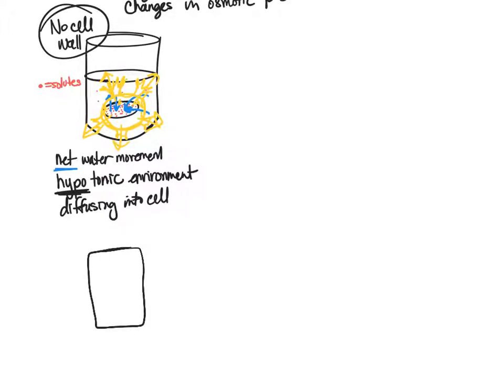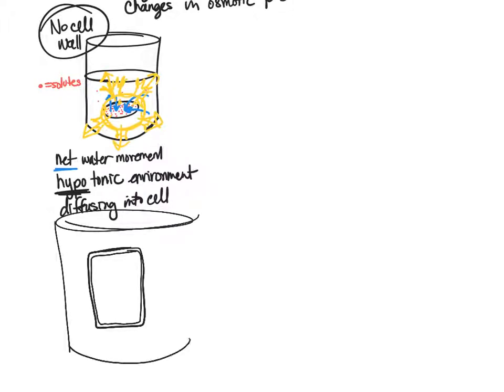A plant cell or a bacteria, if it has a cell wall, and then within that cell wall it has its plasma membrane, then what we see, so again this is in a beaker, and inside of our beaker we have a certain solution, and inside of the cell we have lots and lots of solutes, not so many solutes on the outside. Again, we're in a hypotonic environment or hypotonic medium. And then, of course, we see the water moving in. Our net water movement is in the cell, diffusing into the cell.